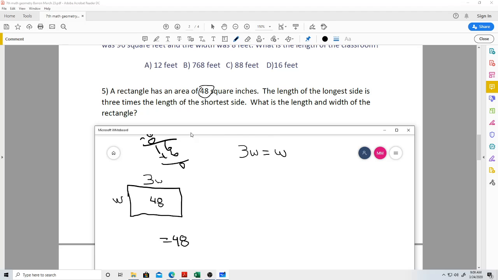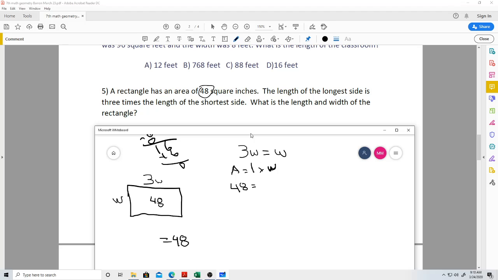All right. Now, how does that help us solve the problem? Well, because we know this. What's the area of a rectangle? It is area equals length times width, right? Let's try it. What's the area of our rectangle? It's 48.